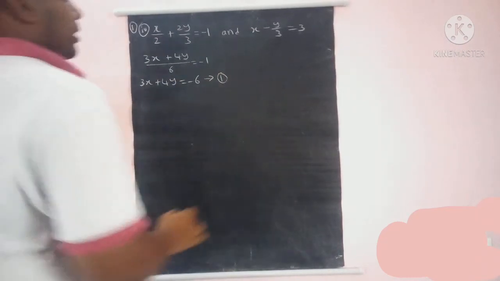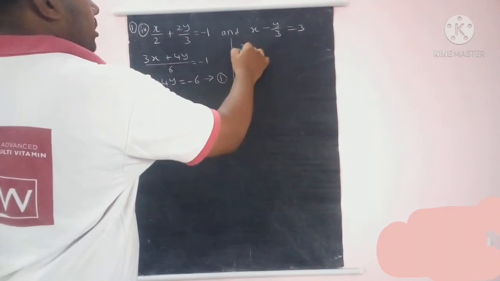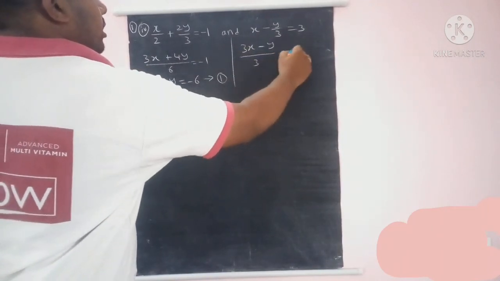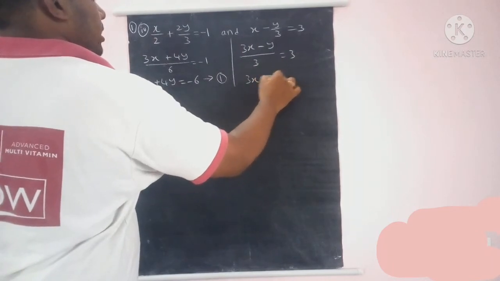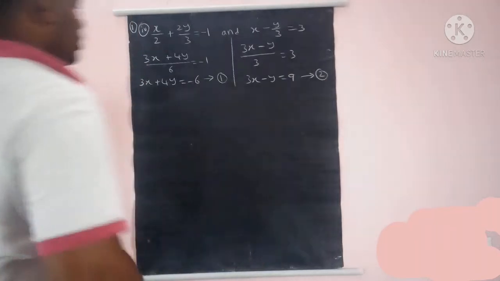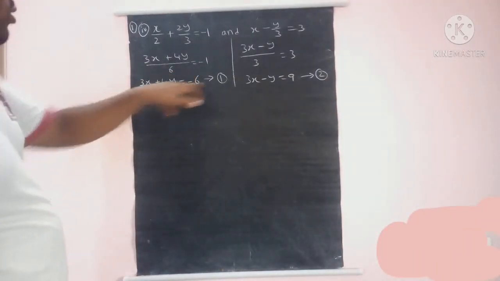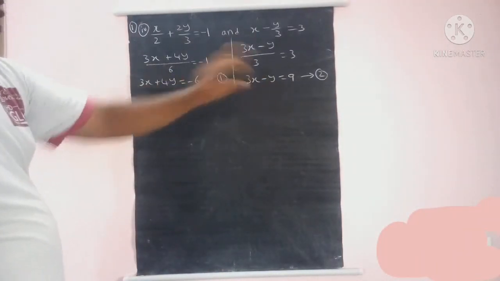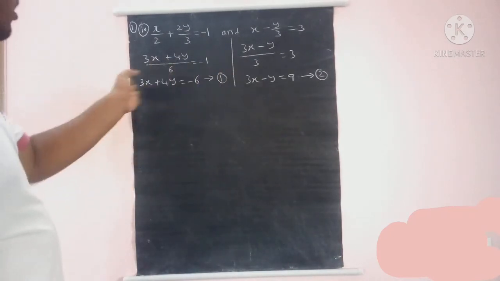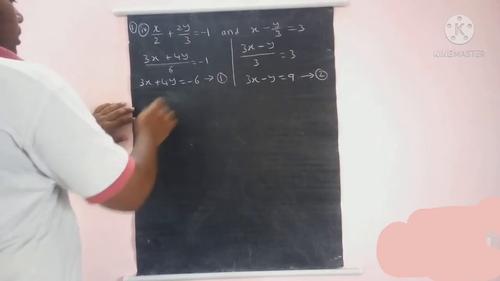Let it be equation 1. And here 3x minus y by 3 equals 3. 3x minus y equals 9. That will be 2. If you observe here, the x coefficients are already equal. So no need to multiply with some non-zero value, because we already got the coefficients equal.